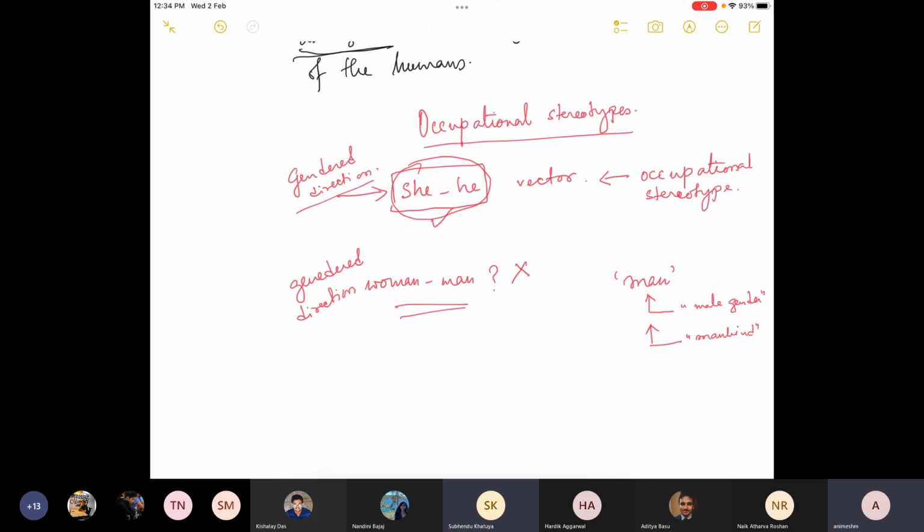So we want to avoid polysemous words. And in this case, man is a polysemous word because it has multiple senses in which it could be used. So therefore, the authors started off with the she, he gender direction in order to do their experiments.